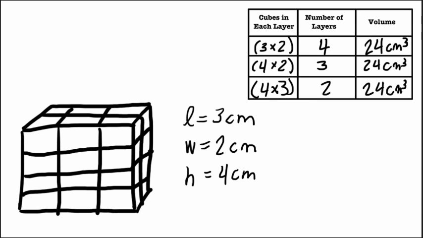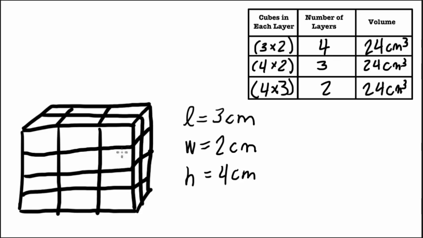Okay, so we can look at it in different ways, but if you look at what the pattern is, well, the pattern is that in each of these, when we've multiplied the cubes in each layer, 6, 8, 12, we always get that leftover number of the number of layers.